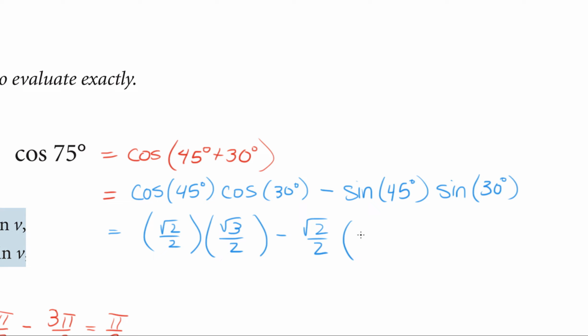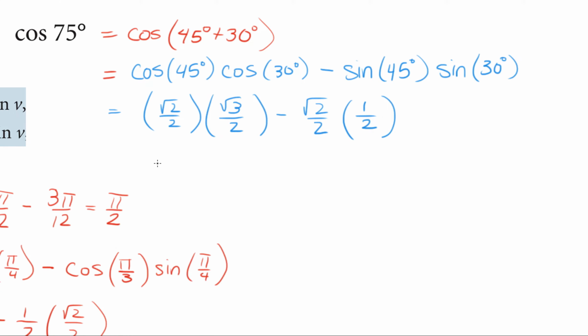And sine of 30 is 1/2. Which is equal to square root of 6 over 4 minus square root of 2 over 4, which gives me exactly square root of 6 minus square root of 2 over 4.